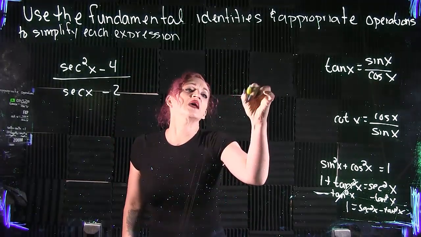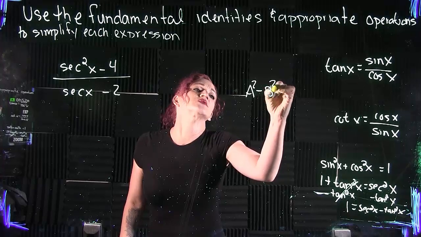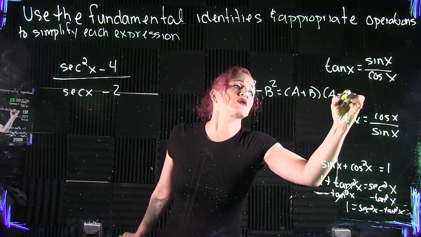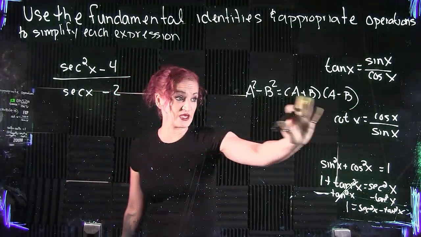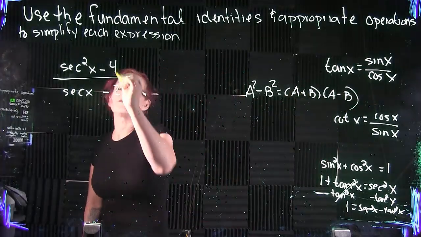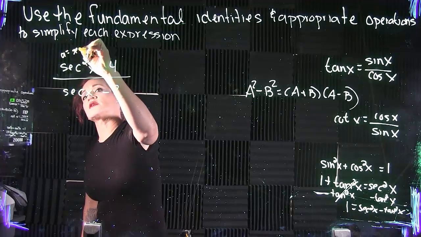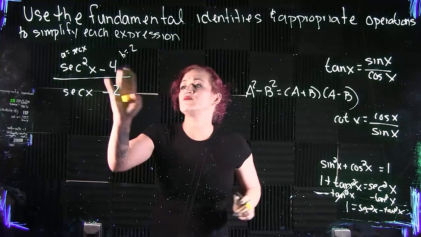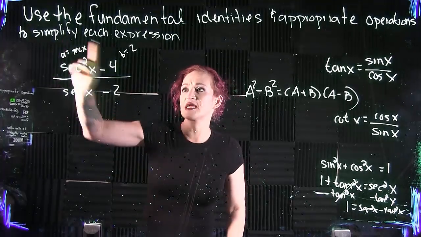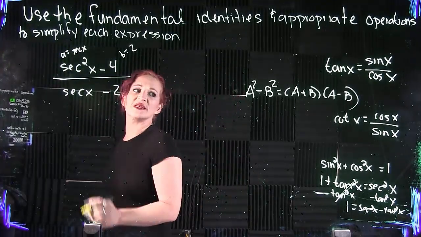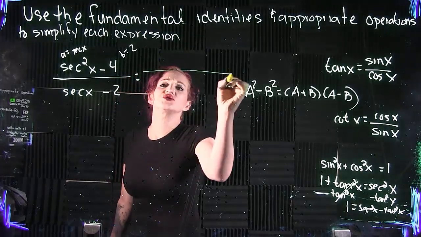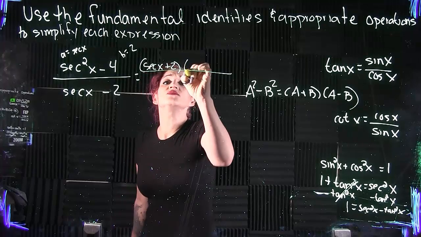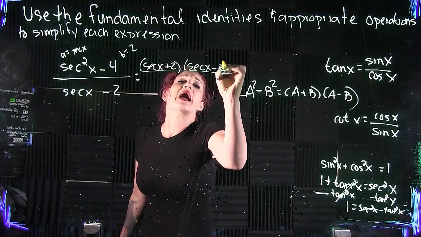So again, our difference of squares factoring technique says if you have a squared minus b squared, that is going to factor to a plus b, a minus b. Where our a here is going to be secant x for the first part, and for b it's going to be a 2, right? Secant times secant, 2 times 2. So that means that numerator is going to factor to secant x plus 2, secant x minus 2.